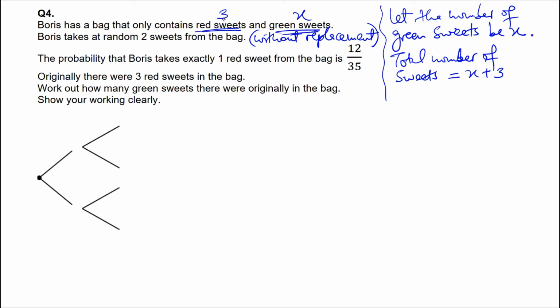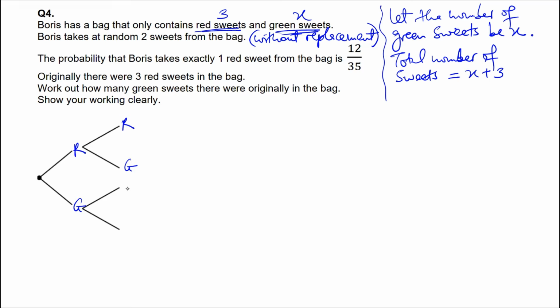All right, we know that 2 sweets were taken from the bag without replacement. We want to find expressions in terms of x for these probabilities, because we know that the probability that Boris takes exactly one red sweet from the bag is 12 over 35. For the first event you can pick either red or green, and for the second event you can also pick either red or green, whichever the first one was.